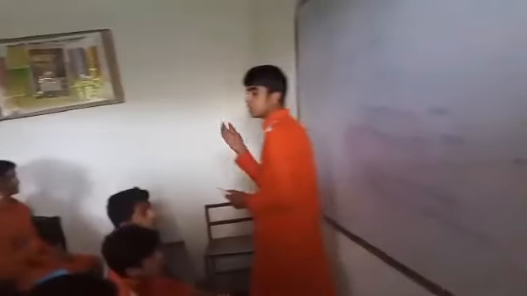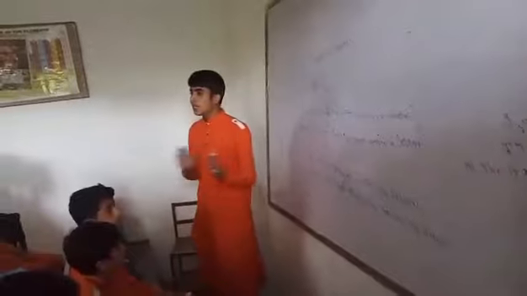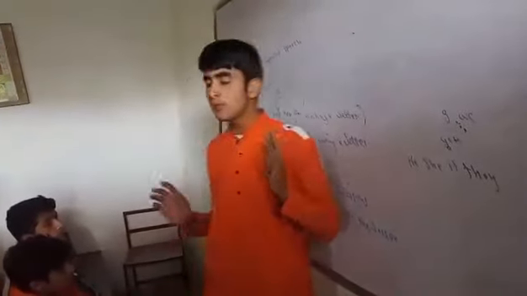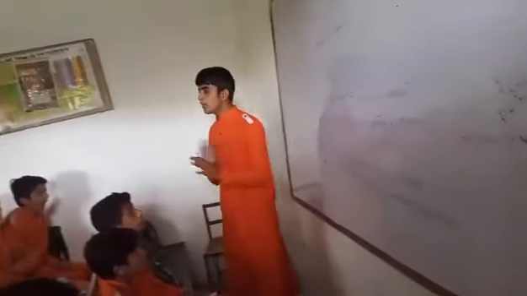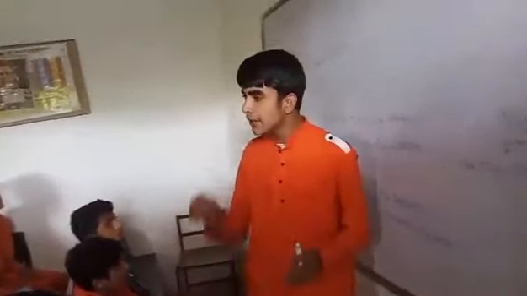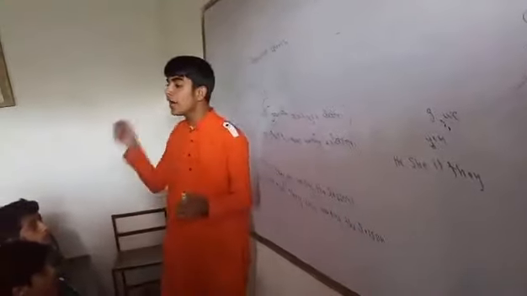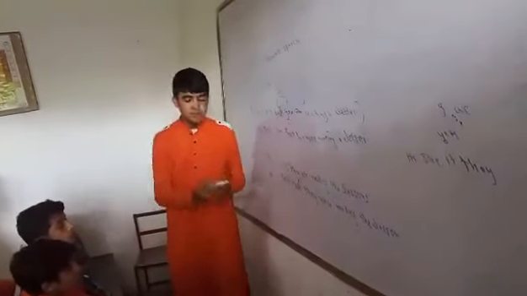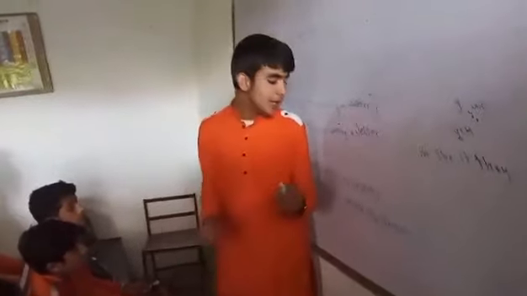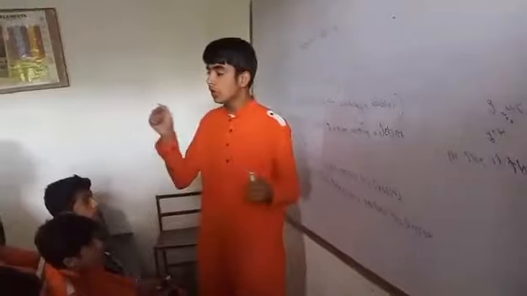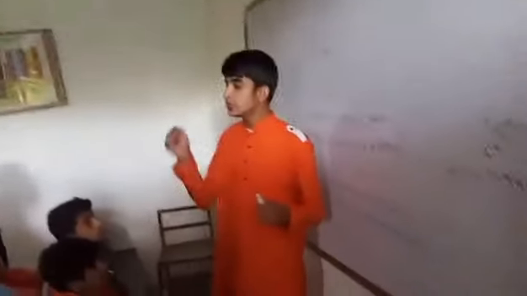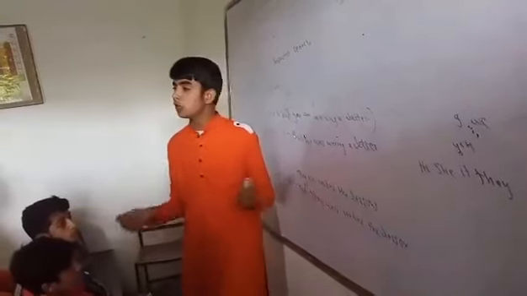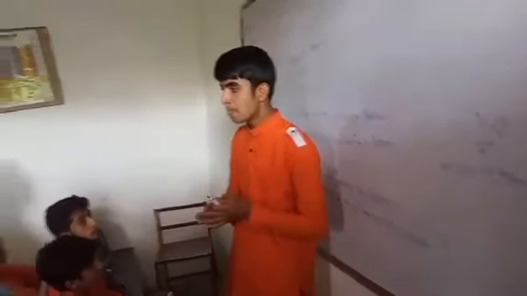Because he, she, it, they we can't change. We will put the same one. If he is present in the direct speech, we will put he in the indirect speech. When here is she, we will put she in the indirect speech.